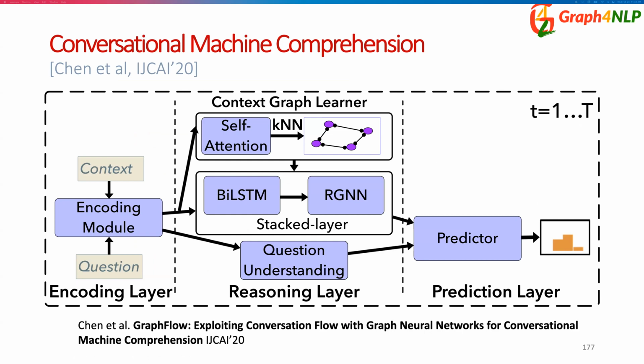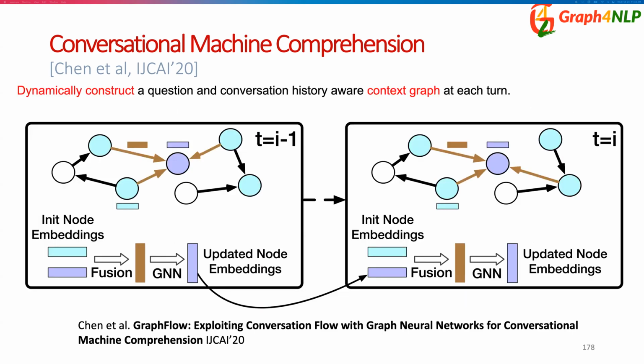As you can see here, it has a context graph learning component that dynamically constructs a context graph from the question and the conversation history at each turn to model semantic relationships among words, and then applies GCN to process the sequence of context graphs. This module combines the advantages of RNN, which is good at sequence learning, and GNN, which is good at relational reasoning.